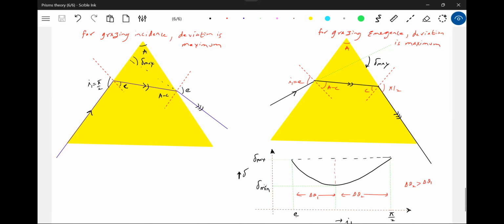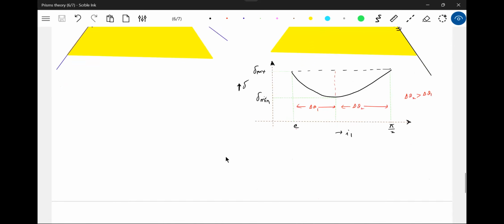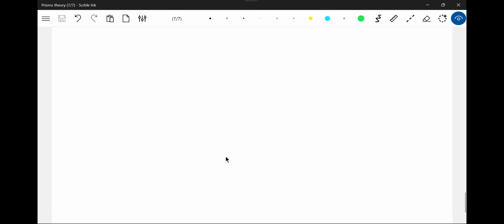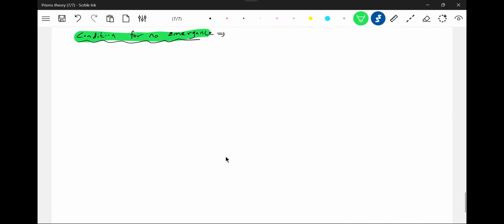Next again, a condition for no emergence. One more last theoretical topic. We'll discuss this. Condition for no emergence for any angle of incidence.